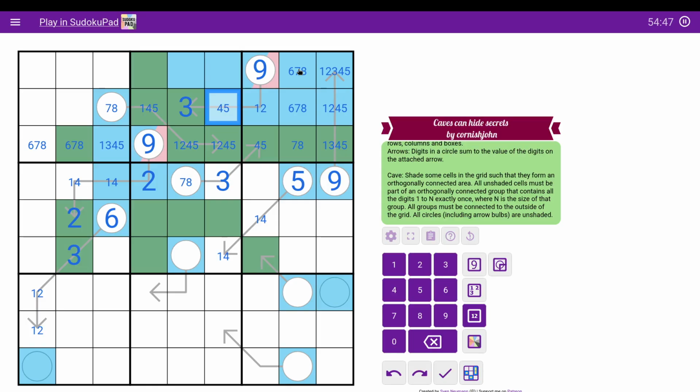This digit is probably equal to this digit. That could be this one. This can't be a 3 because then it'd be up here.